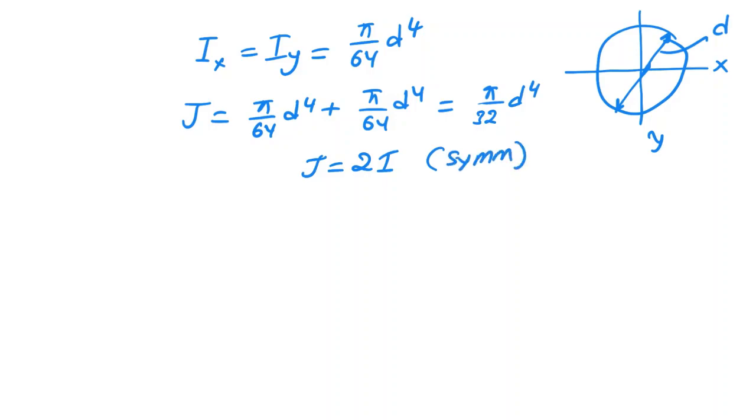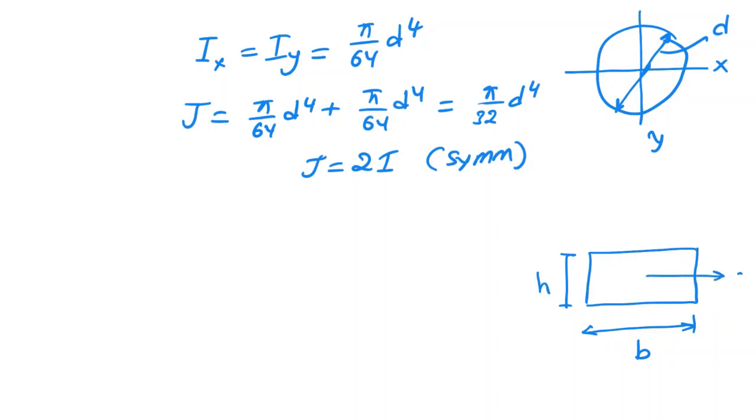Let me give you a quick example. If we have a rectangle, not a square, with this being the base and this being the height, and this one is x and this one is y. So what is Ix, what is Iy, and what is J?